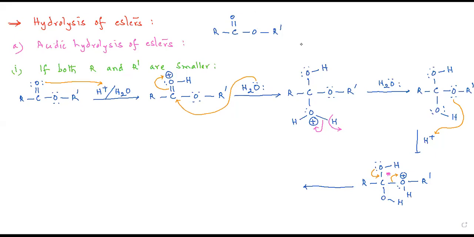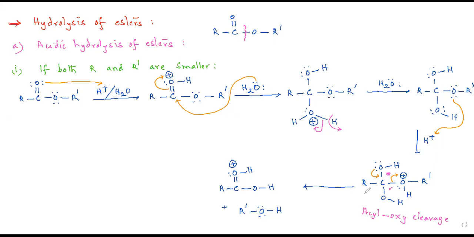Now that is how R, C, double bond O, a plus, then H, OH, and the R dash, OH are formed. So you got this very important step wherein the cleavage is called acyl oxy cleavage because a bond got broken here.